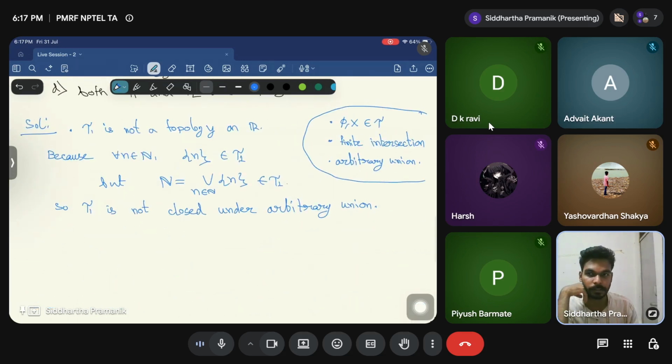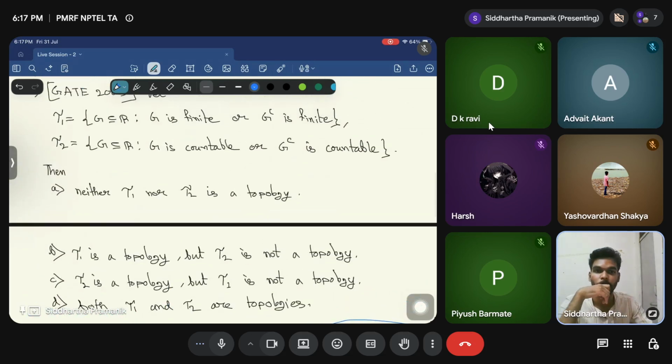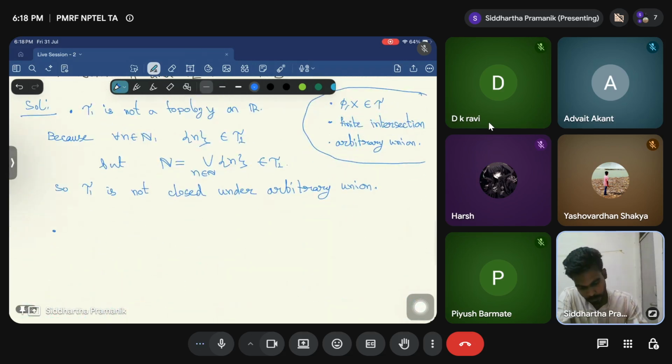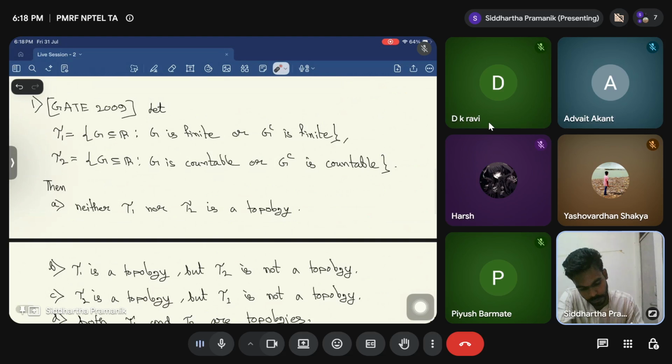Any guess? Okay, so see, what is tau 2? Those subsets which are either countable or whose complement is countable.